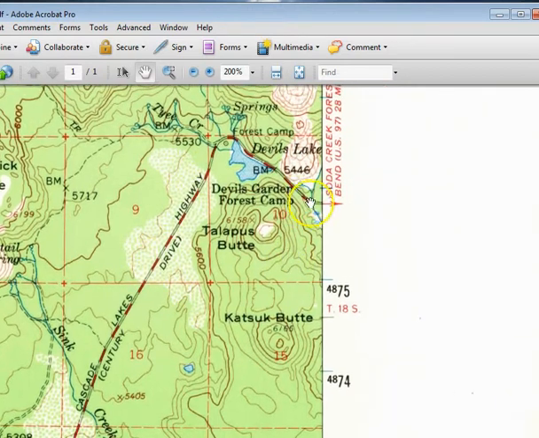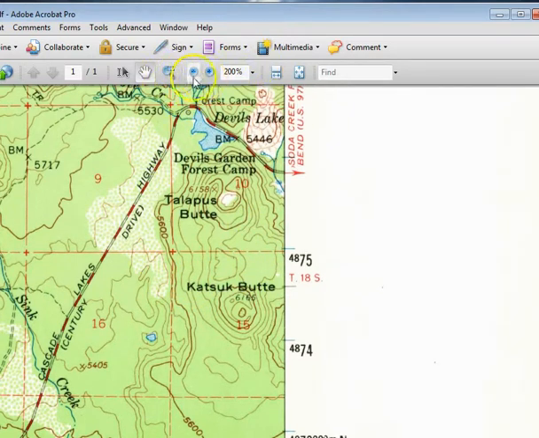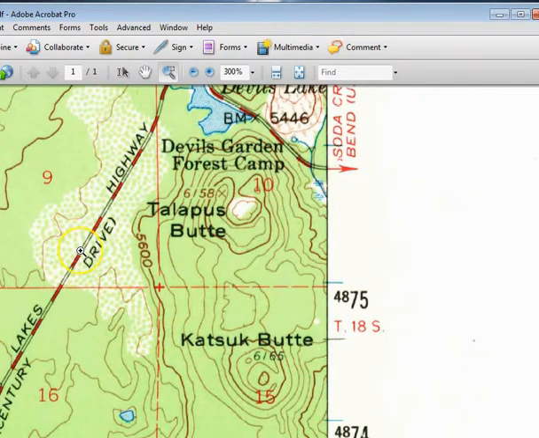Ah, there we go. Devil's Garden. It's right below it. Good eye on that. So here we go. The Devil's Garden has a depression, and the Catsup Butte has a depression.